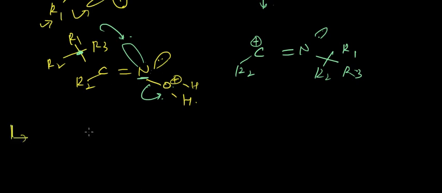So basically this is a twist in the definition of migratory aptitude. The original migratory aptitude definition still remains valid, that the more migratory aptitude means the more plus M or plus I or plus H group attached in the group which is migrating. And in this case the migrating group would be the group which is anti to the leaving group. It will be bonding with the anti-bonding orbital, and hence the retention of configuration takes place.